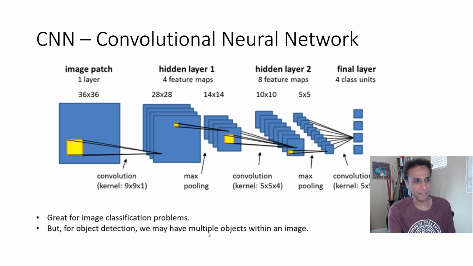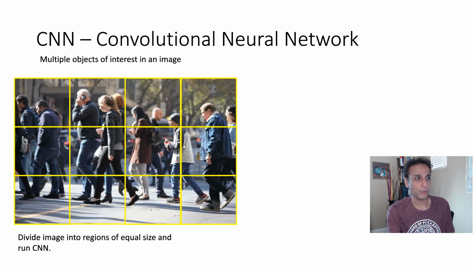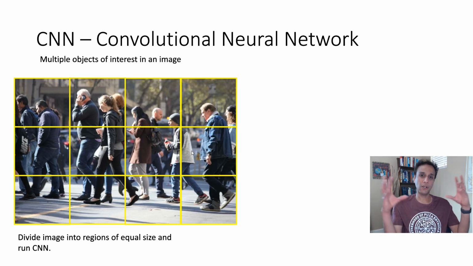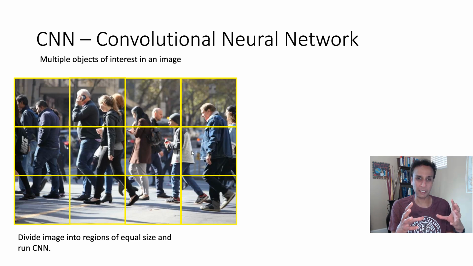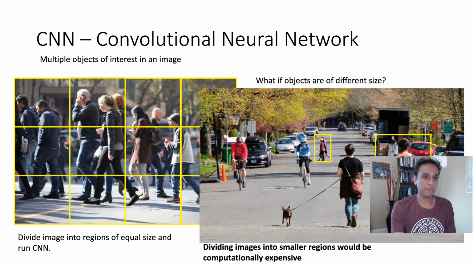But one way to achieve this is by dividing your image into smaller blocks. What if you take a large image and say, okay, my cat is maybe 50 by 50 pixels, so let me divide the image into 50 by 50 pixel grids. That's one way of dealing with this. But what if these objects are of different sizes?